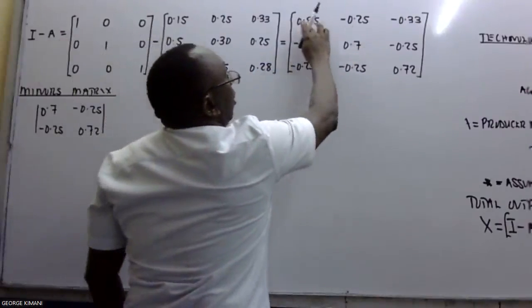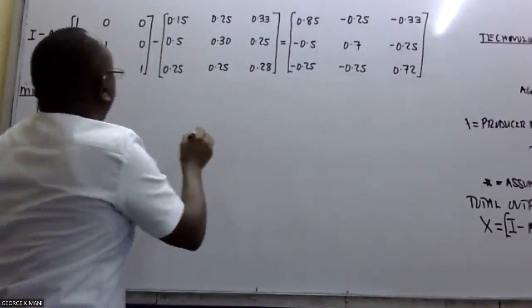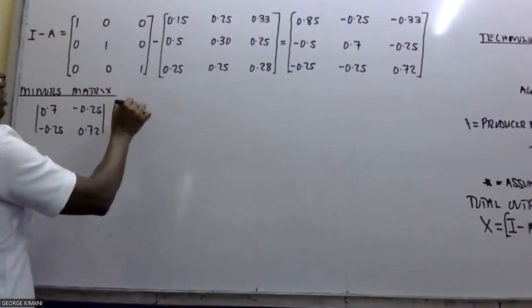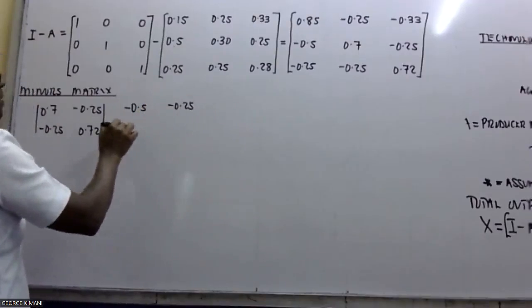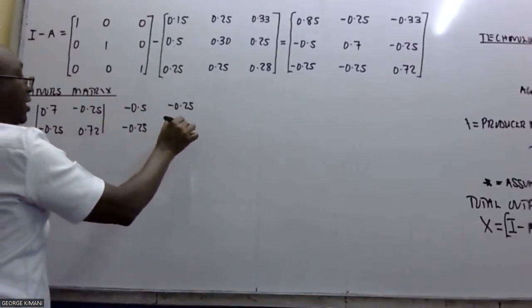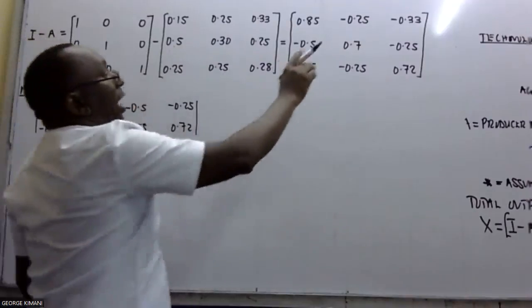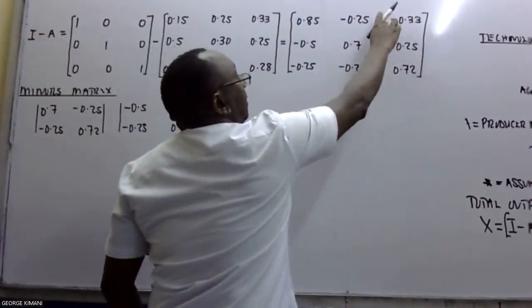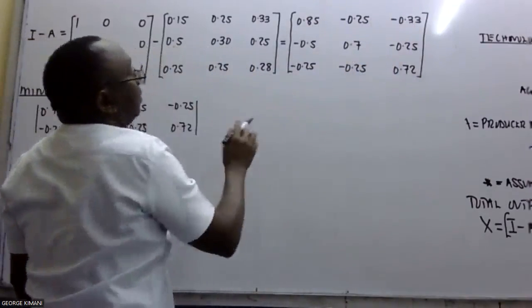Aya, tukuje hapa. You now drop the first row, the second column. Utaachiwa minus 0.5, minus 0.25, minus 0.25 and 0.72. That way. We come here, drop third column, first row. That one is here.